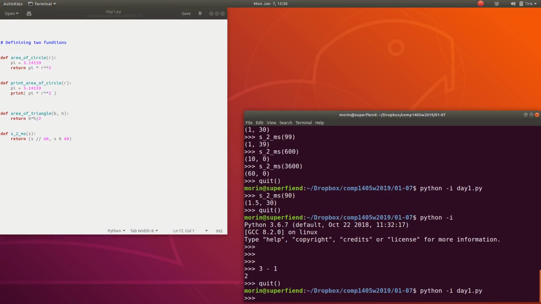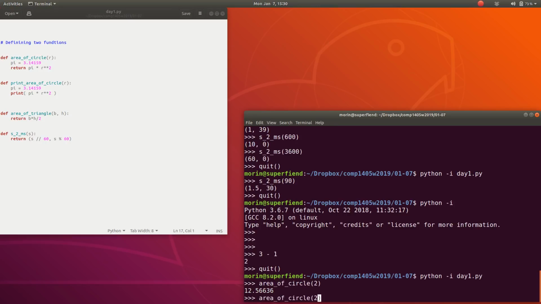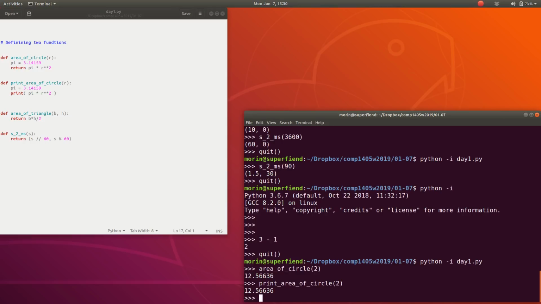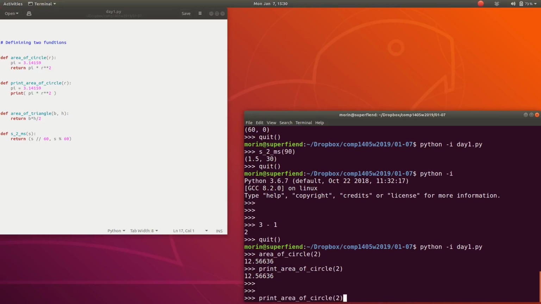All right, so on the surface, they both kind of look the same. And print area of circle. Looks like they do the same thing, right? Well, here's the difference. With area of circle, I can say x is equal to this area of circle 2.